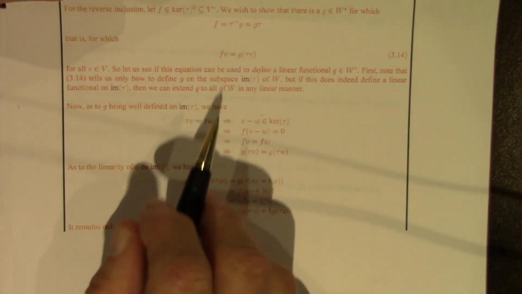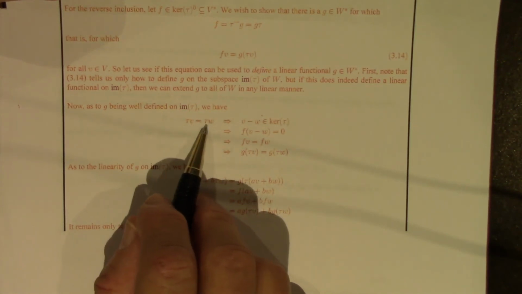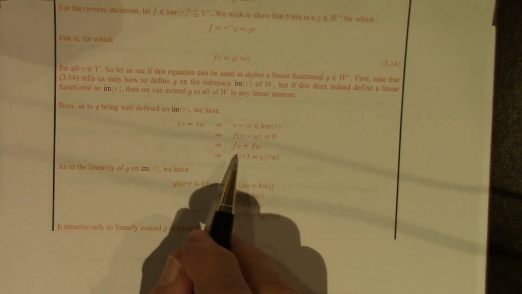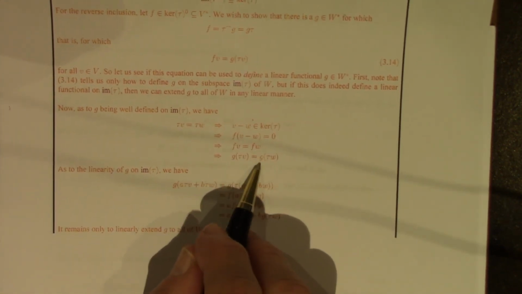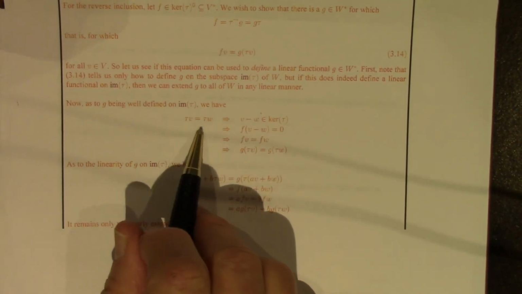So if tau V is equal to tau W, we have to show that G of tau V equals G of tau W. But it's all right here.